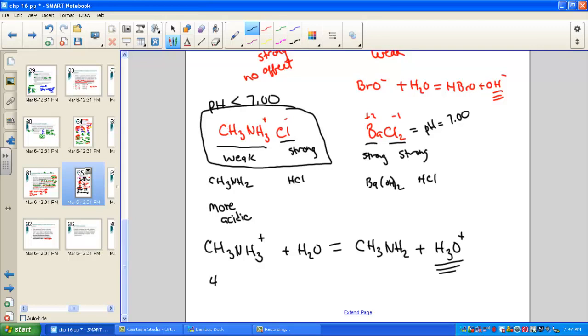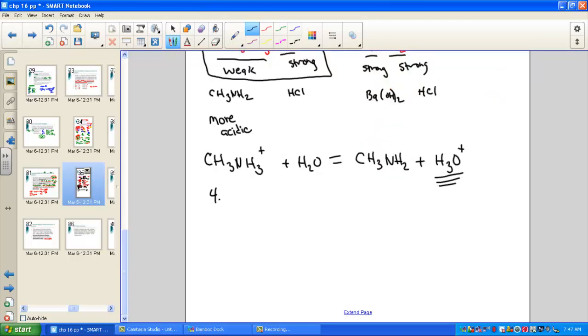We have one more to work through in this example, number 4. Certainly pause and work ahead and check your answers if you prefer. Here we have ammonium nitrite, NH4NO2, and ammonium nitrate, NH4NO3.